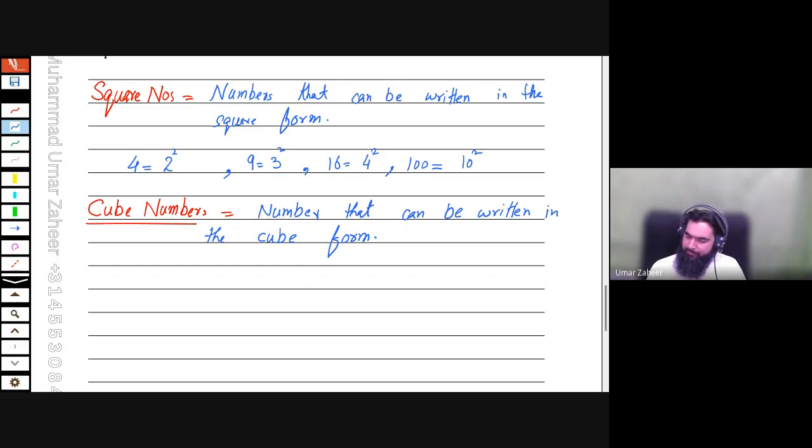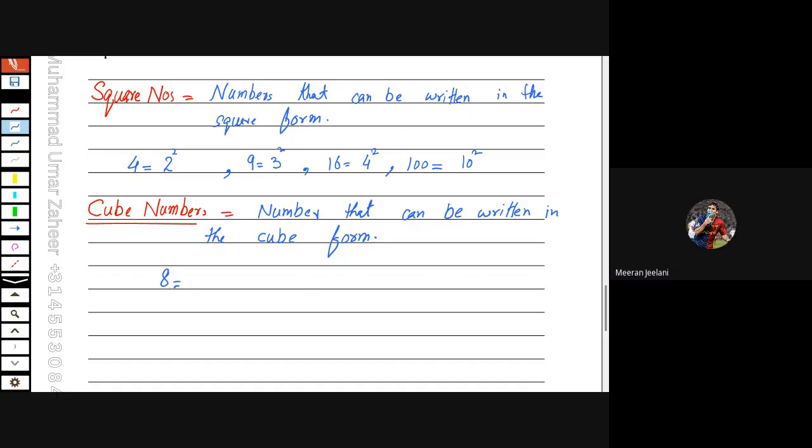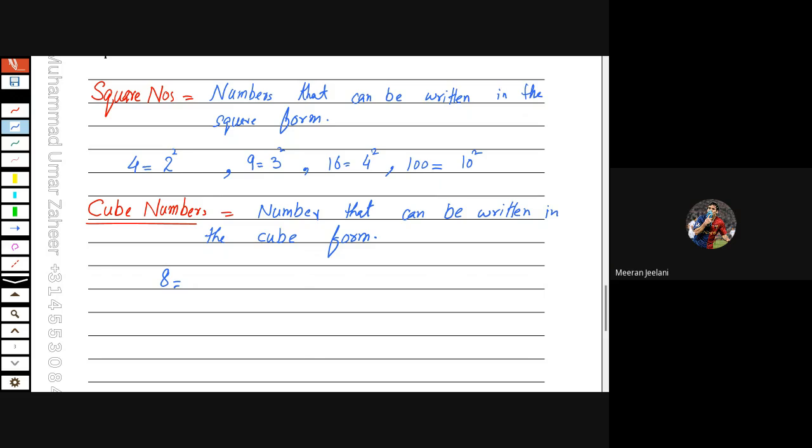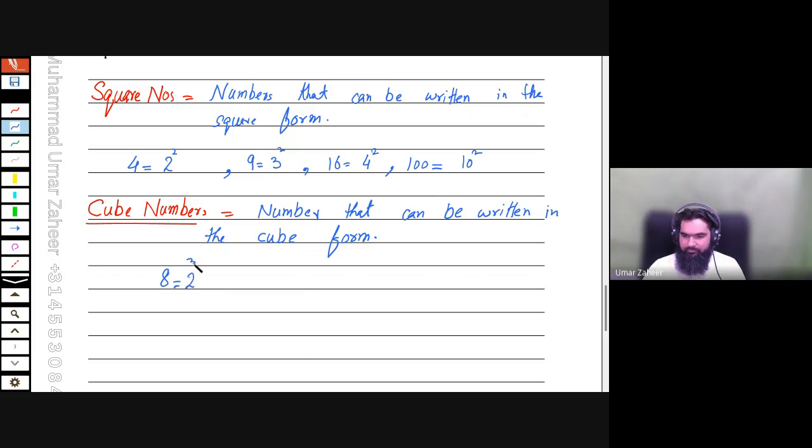Like you have, yes, Mehran, 8 is a cube number. It is a cube of 2. Yes, Hana, tell me any other cube number.